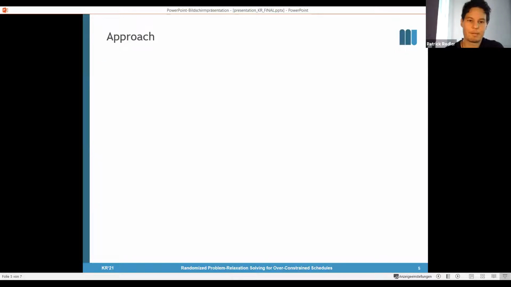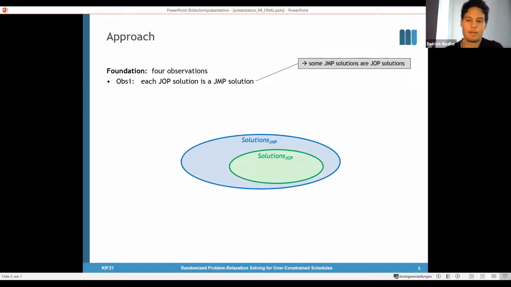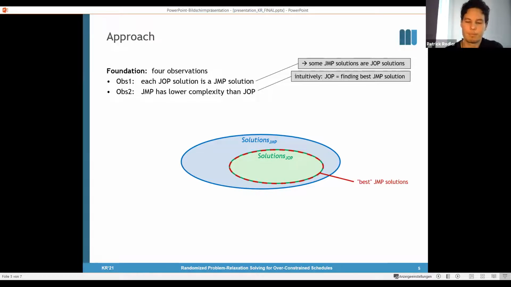Now, our approach is based on 4 observations. So the first one is that each JOP solution is also a JMP solution. So this is illustrated by this little picture here. And second, that JMP has a lower complexity than JOP because the JOP solutions can be intuitively regarded as the best JMP solutions.